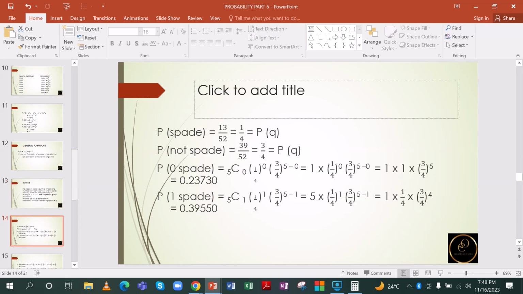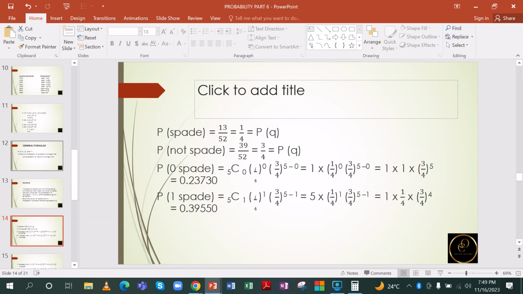So what is the probability of drawing 0 spades? In the general formula, you are going to have the combination of 5 taken 0 at a time, then 1 over 4 raised to the power 0, and then 3 over 4 raised to the power 5 minus 0.